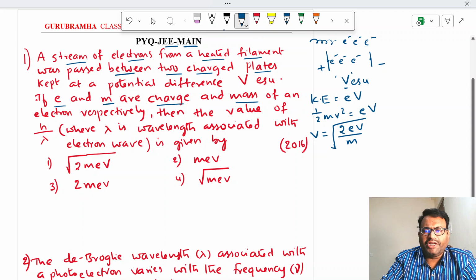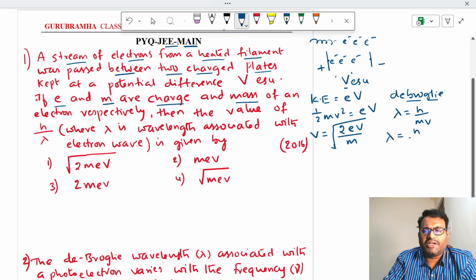And from de Broglie's dual nature or wave nature of matter, we have derived the formula lambda is equal to h by mv. Let us substitute this v in this formula. Then what do we get?